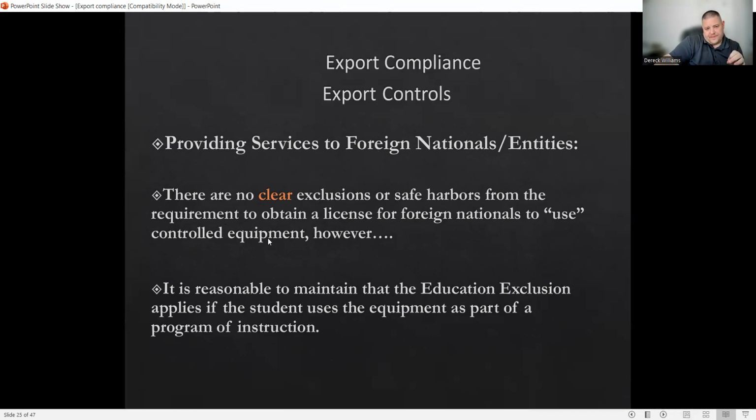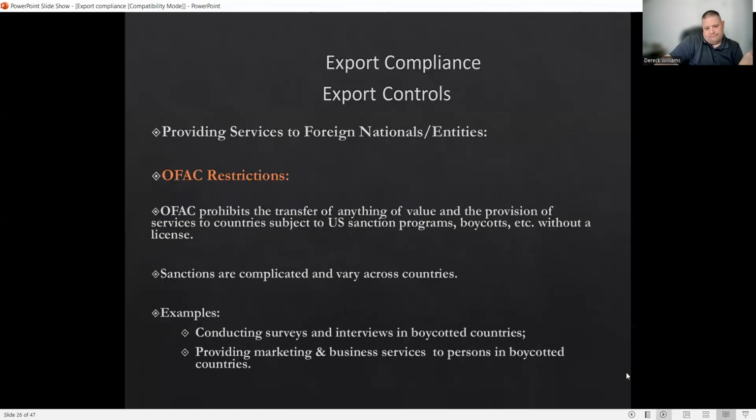They don't really clearly say what falls into safe harbor, but if it's part of that education program and they're using it as instruction only, then typically you're going to be okay. Without a clear requirement, it's difficult to enforce, but it's kind of a gray line there.